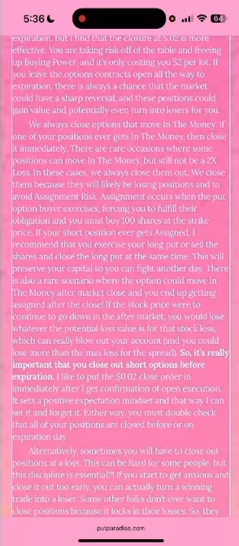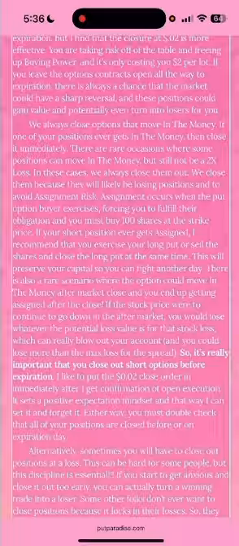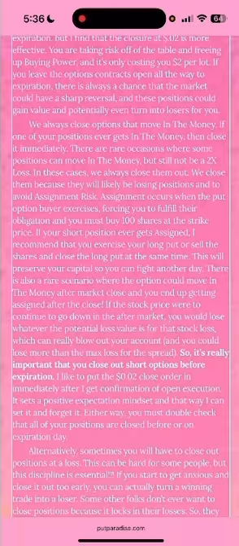If you leave the options contracts all the way to expiration, there's always a chance, no matter how remote, that the market can turn against you, that there could be an announcement, that there can be a trade war, that there could be a tariff, that there could be a calamity of some kind. There could be something that is going to turn the market around or turn a specific underlying around.